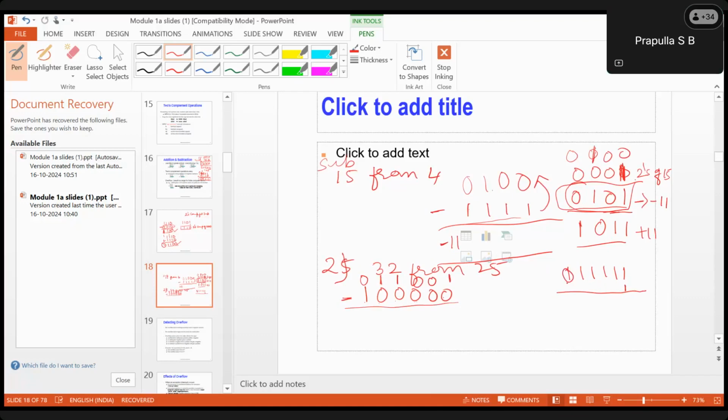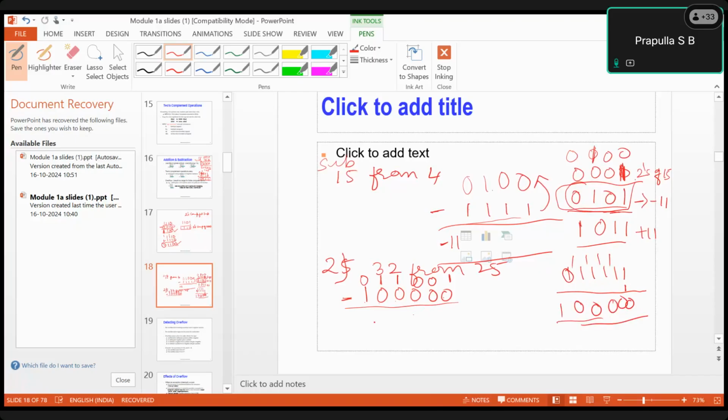This should be 0, 1, 1, 1, 1. So I will convert this 0, 0, 1, 0, 1, 0, 1, 0, 1. So I got, this is my 2's complement of 32.